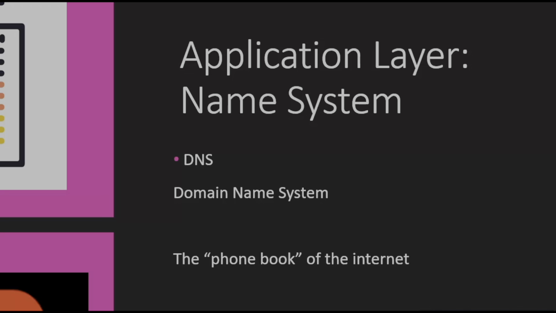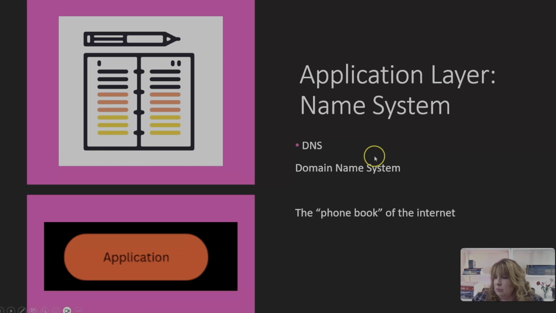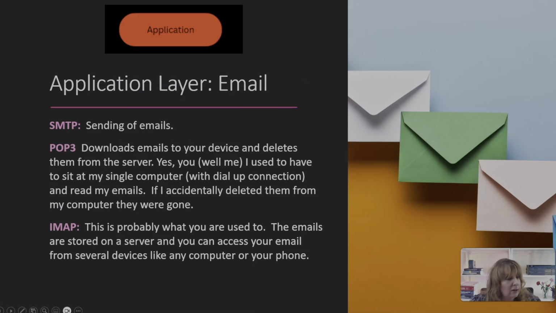So google.com, the name of the website, is associated with its IP address. That's what DNS does. You just need to know the name, DNS, that it stands for Domain Name System, and that it looks up IP addresses based on the domain name. Okay, that's it for DNS.